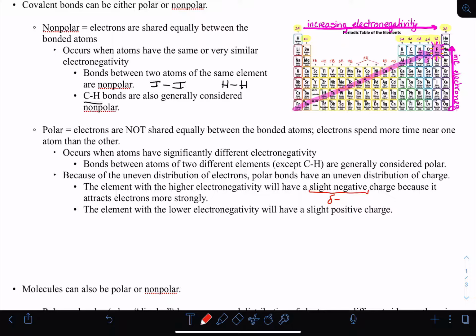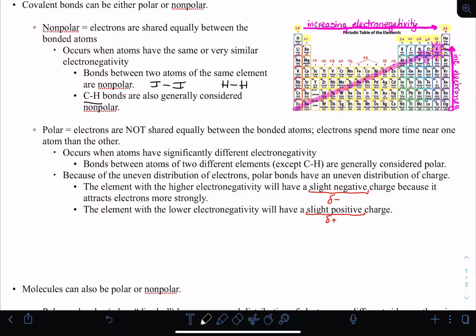It's not a full-on extra electron. It's not a full -1 charge like an ion, but it has a little bit of extra electron density around it because that one element with the higher electronegativity attracts the electrons more strongly. This leaves the element with the lower electronegativity with an electron deficit, which gives it a slight positive charge. So we often indicate that with a delta plus.